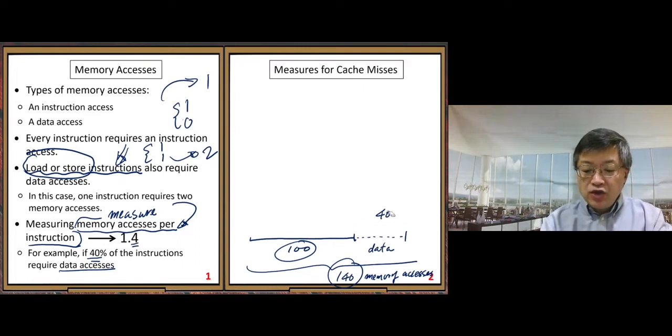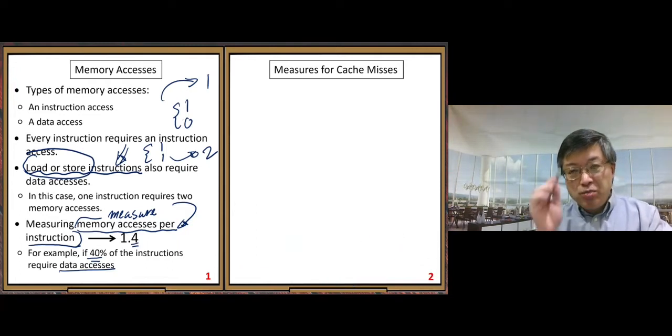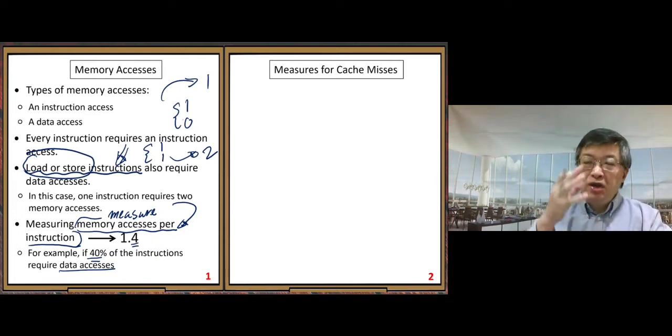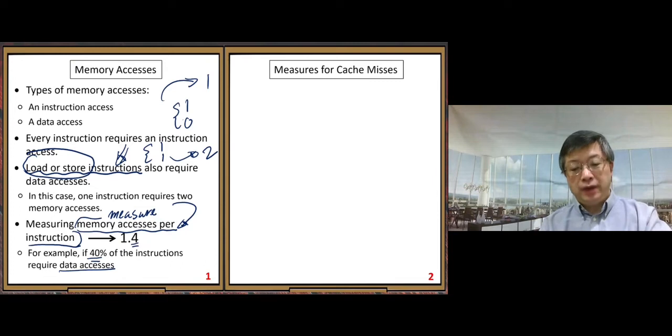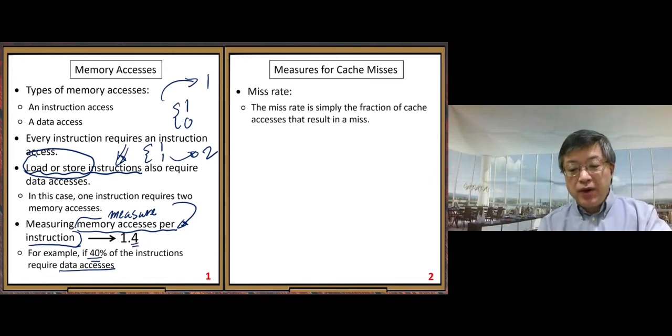Next, measures for cache misses. Now we need to consider the cache miss situation. When there is a cache miss, we need appropriate measures to measure the miss rate. The first concept is miss rate. The miss rate is simply the fraction of cache accesses that result in a miss.